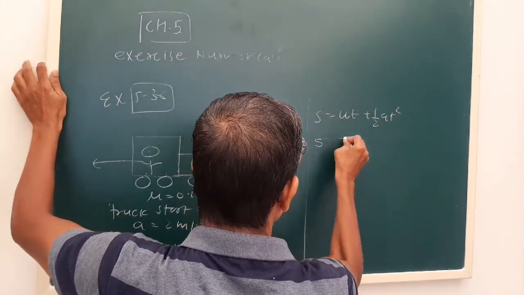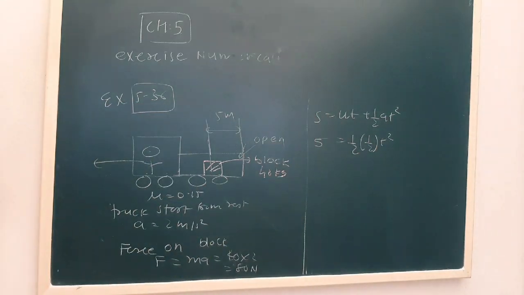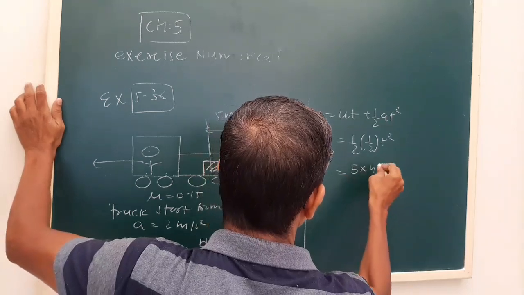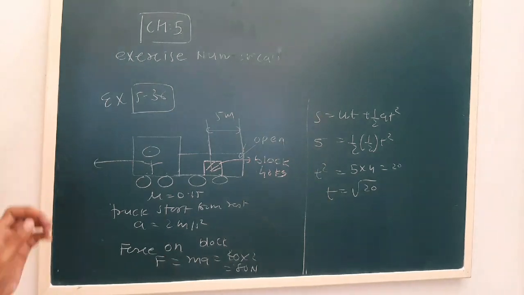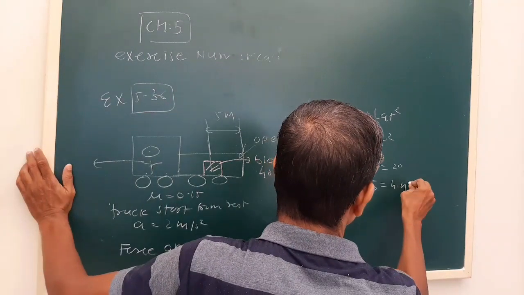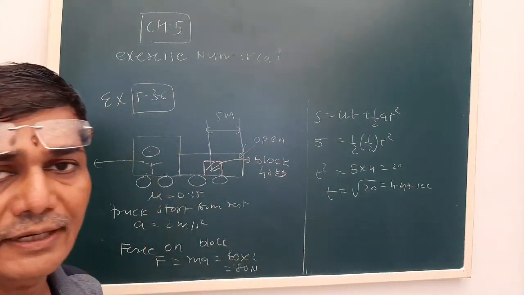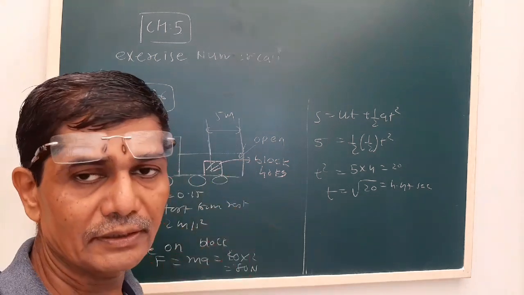Now S is 5, a is 1 by 2, t square. So the value of time we obtain is 4.47 seconds. So in 4.47 seconds, the block will fall off from the truck.